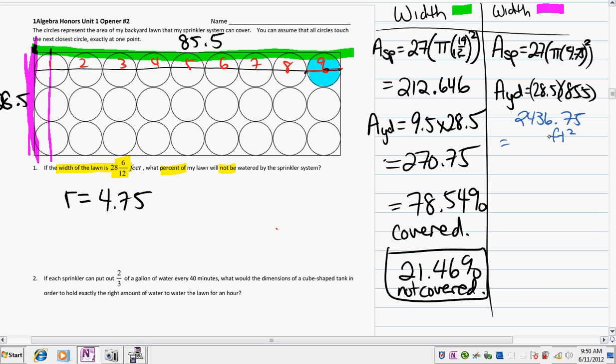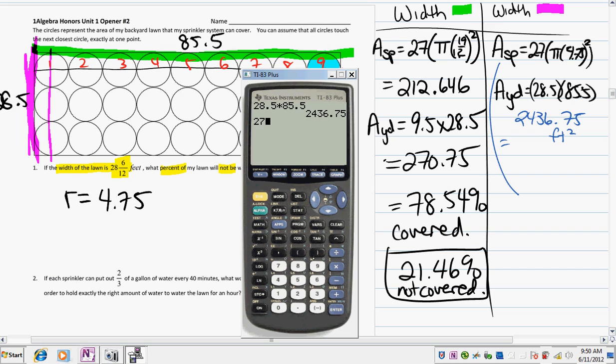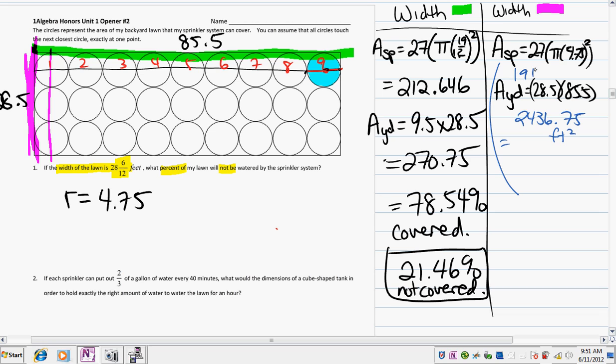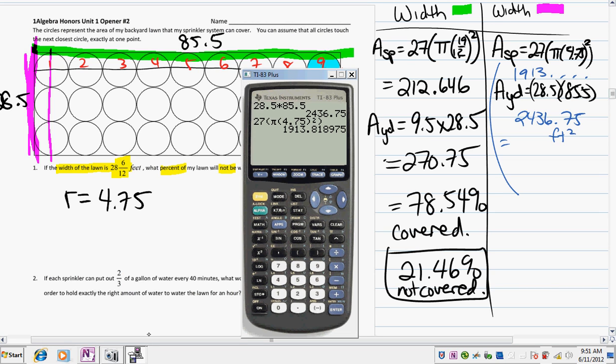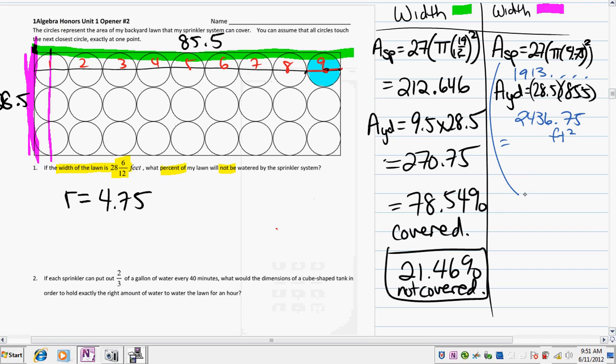Area of the sprinkler is 27 parentheses pi parentheses 4.75 squared, close the parentheses, 1913 point something something. So I'm going to take that number in my calculator, divide by the 2436.75. That tells me how much is covered, which is again 78.54%, which means not covered is the same. So regardless of which one I consider the width, the percentage is the same, which is pretty cool.